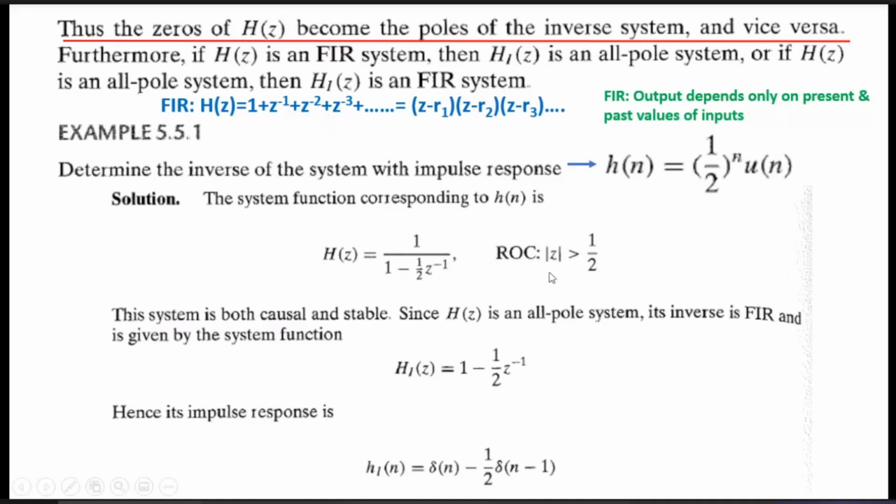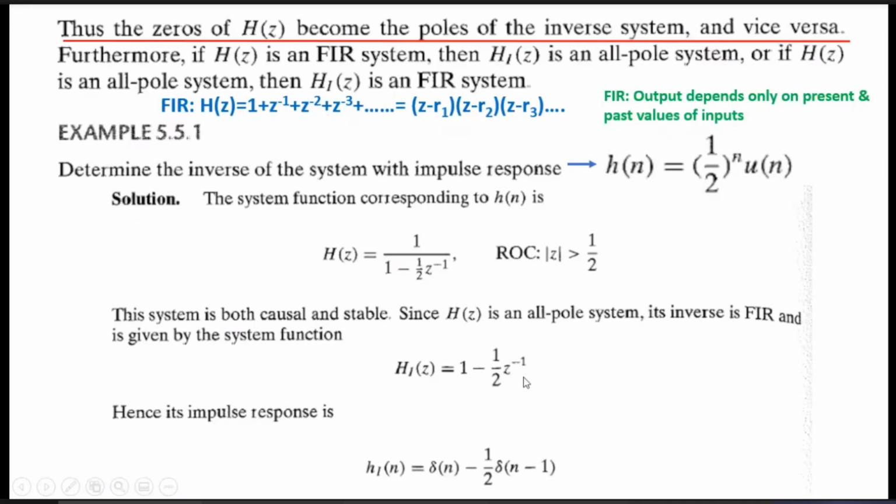So a is half, and the ROC is mod z greater than half. Now what is the inverse of it? The inverse is, since it is 1 by, only 1 minus half z inverse.